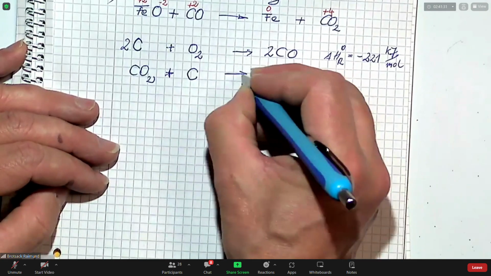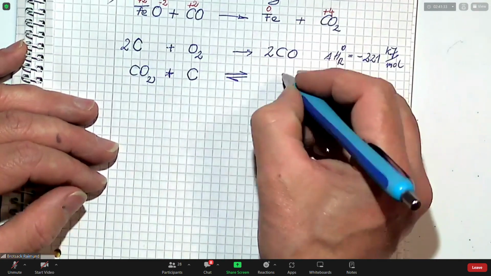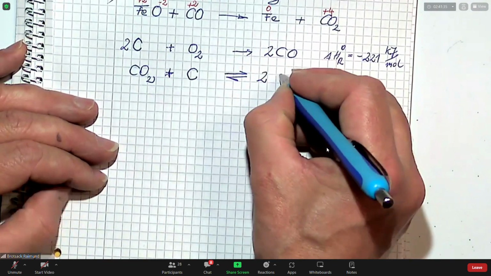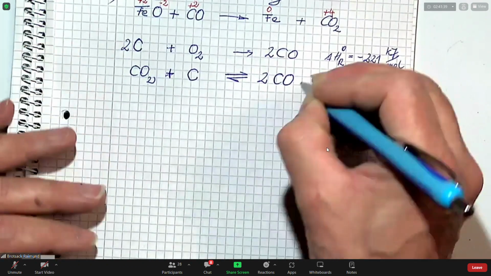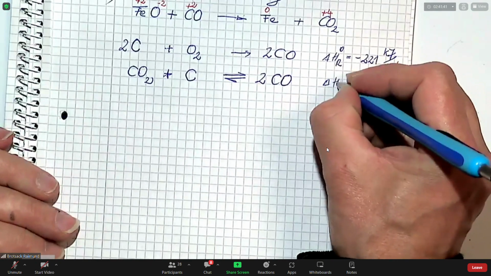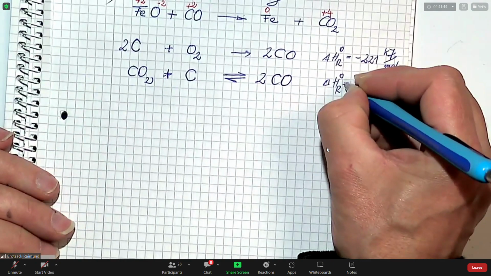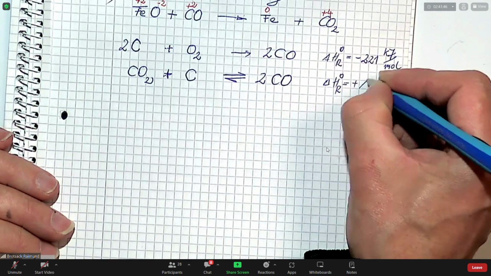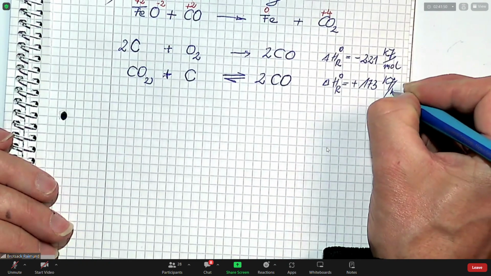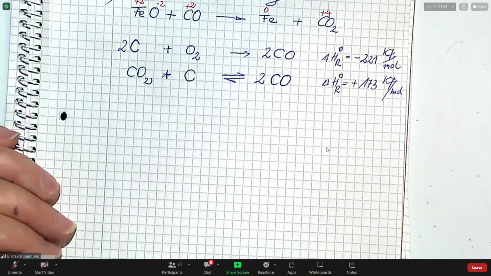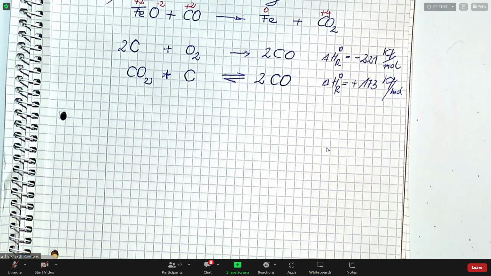And this is a balance which forms 2 carbon monoxide as well. And here, the heat of the reaction is plus 173 kilojoule per mole. Is this exo or endothermal? Endothermal. This is only happening at very high temperature.